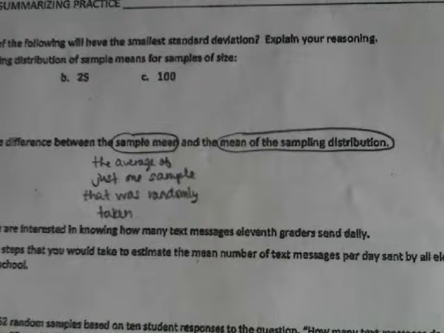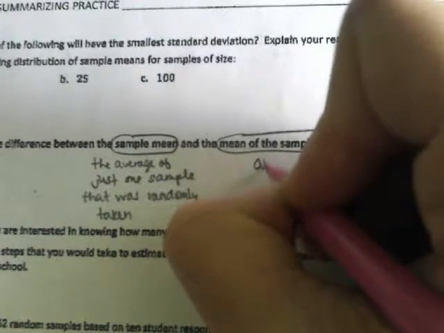And then when we're all done, we take the average of the averages. So this is the average of the averages of several samples. That's the mean of the means that we did.